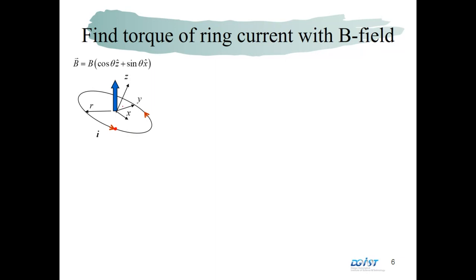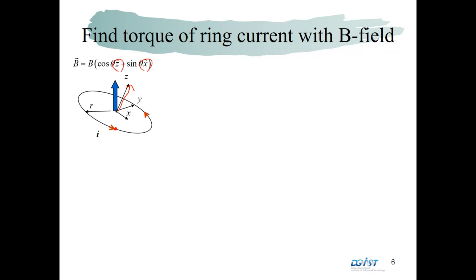And let's say this tilted axis is called g. Here, the direction of the magnetization is confined in an xg plane.